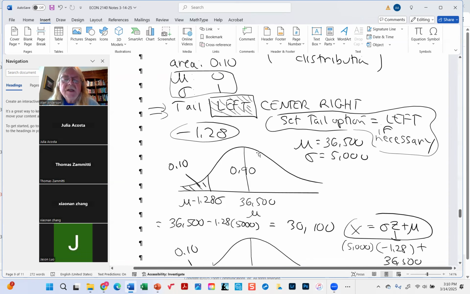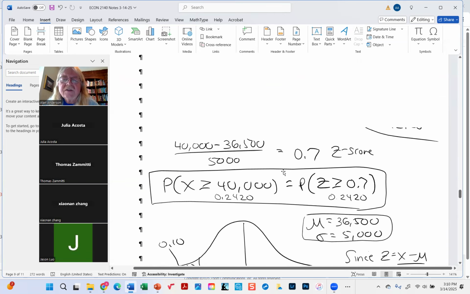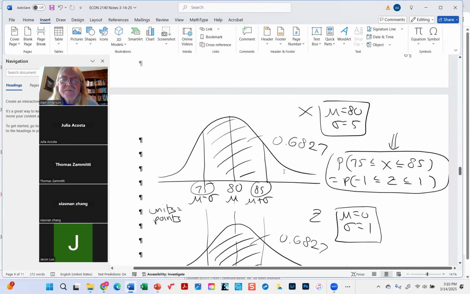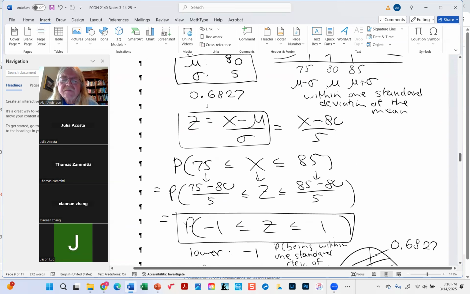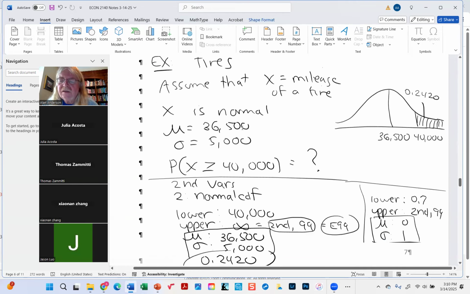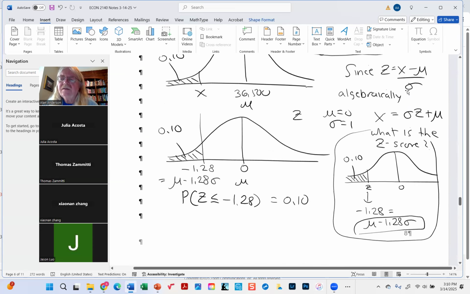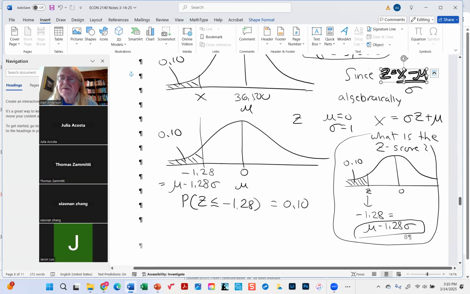Now, what we can do next is go back and revisit this formula we had before. We're going to rearrange it algebraically and solve for x. Okay. So I've got that here somewhere. There it is. Since this statement is true, that algebraically means that x equals sigma z plus mu.